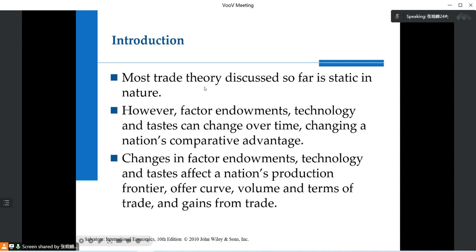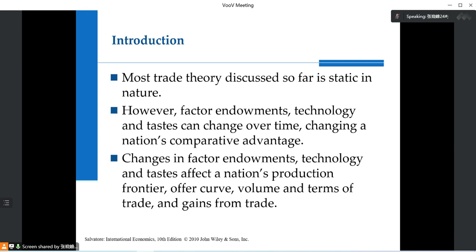I think most of the students, when they discuss this topic, often take the whole international trade as a research target.